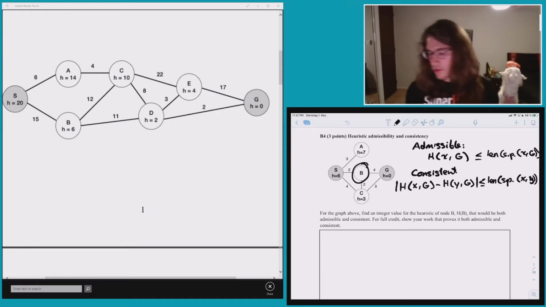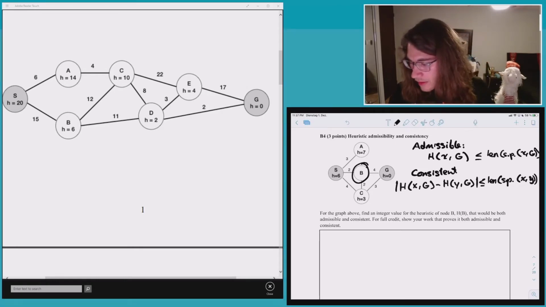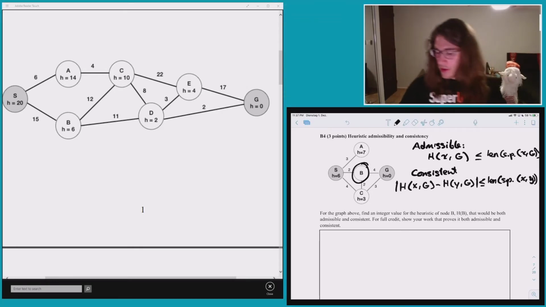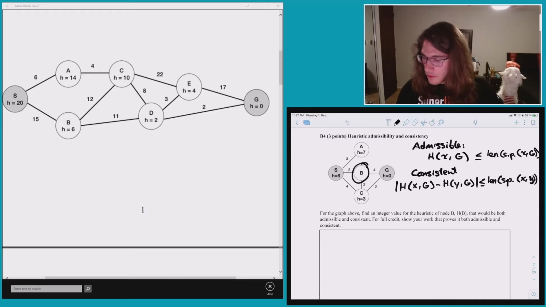And so that one is a stronger constraint, so much so that admissible in reality is a special case of consistent. Admissible is when y is the goal as well. If you say y is equal to g, then h of g becomes 0, as I mentioned earlier with A star, and the other side of the inequality becomes the length of the shortest path from x to g.